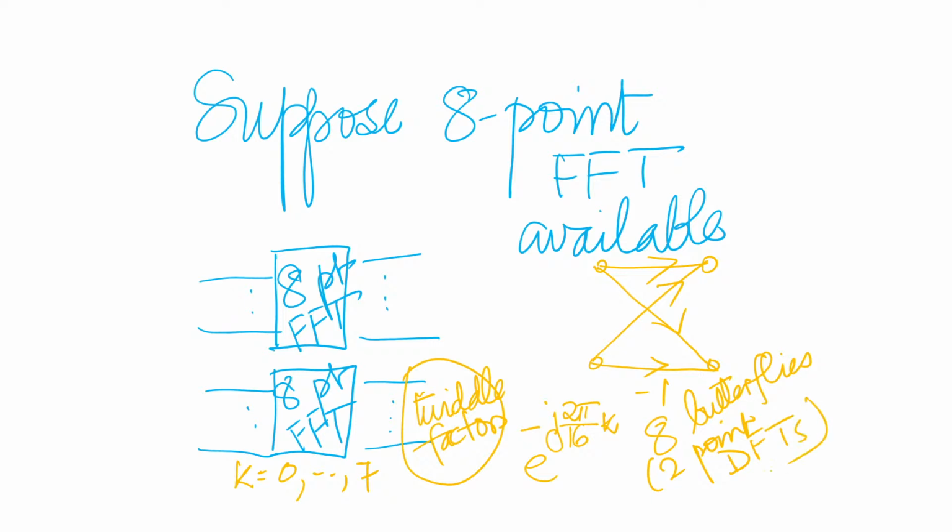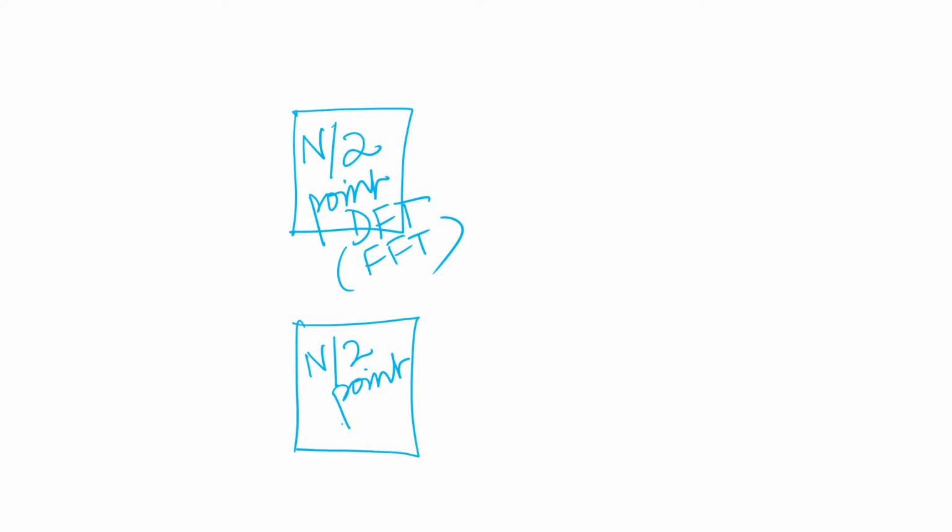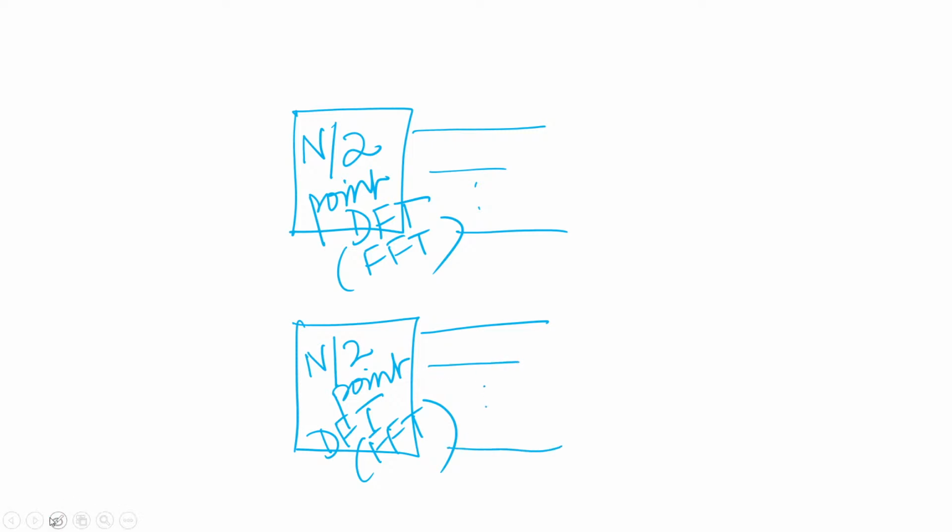So thus, if you know how to construct an 8-point fast Fourier transform, you can construct a 16-point fast Fourier transform. And we can keep doing this. So in general, when you have an N by 2-point DFT, or FFT, then you can take 2 such, and then put the twiddle factors here, and then the butterflies.